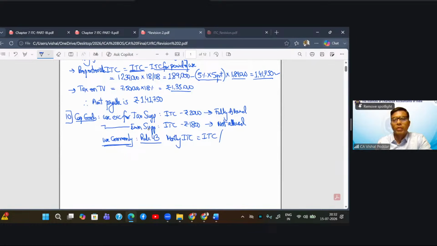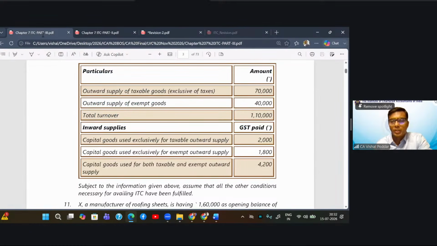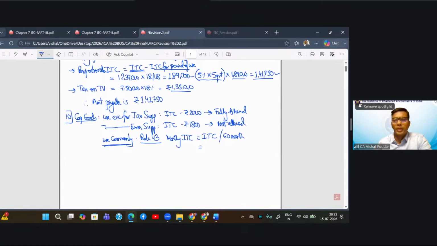How? ITC upon 60 months, which is the life, correct? So 4,200 is the total ITC. 4,200 upon 60. 7 6s are 42. So students, I am getting it as 70. So rupees 70 is your proportionate ITC.